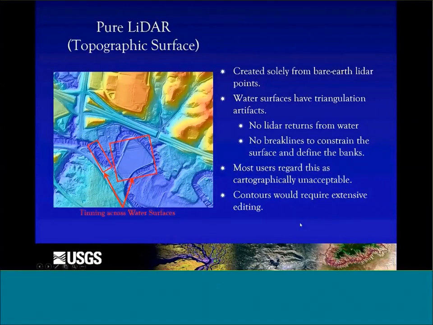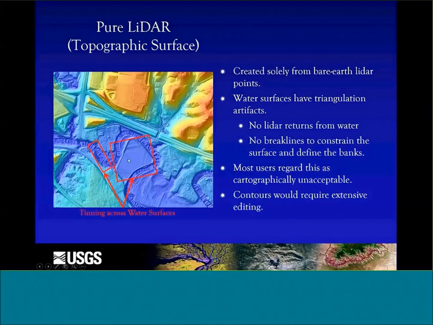If we do the same DEM with nothing but LIDAR points, a pure LIDAR, or some folks might call this a raw LIDAR topographic surface, we see massively more detail. We don't see the triangulation and the artifacts over the ground surface to the same degree that we saw in the previous.